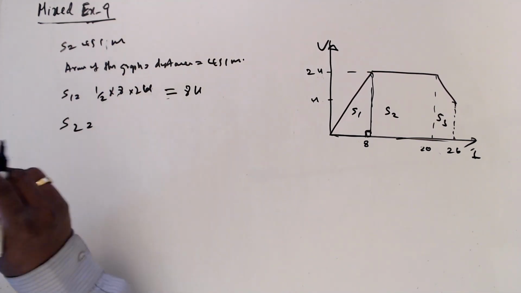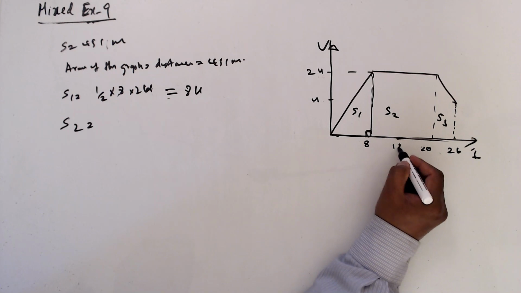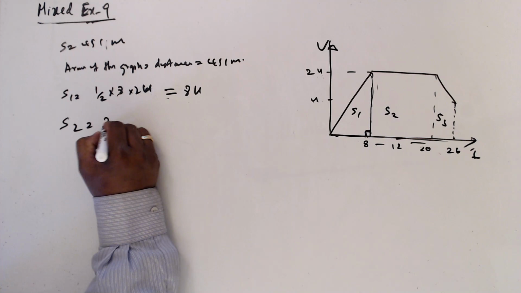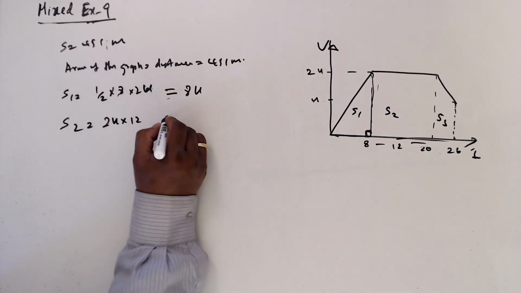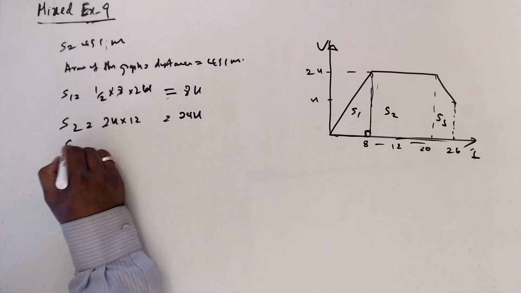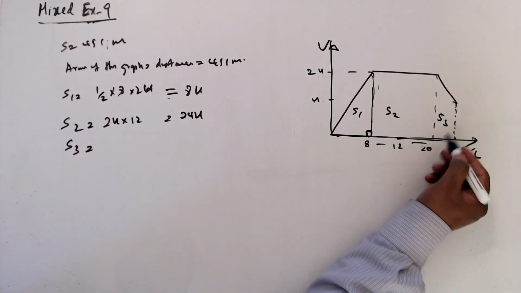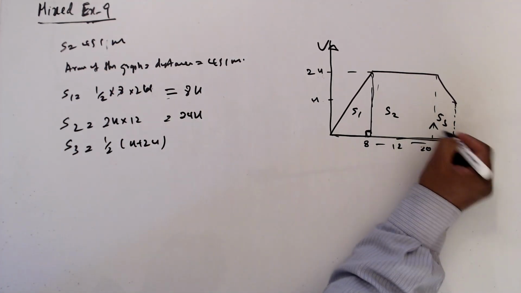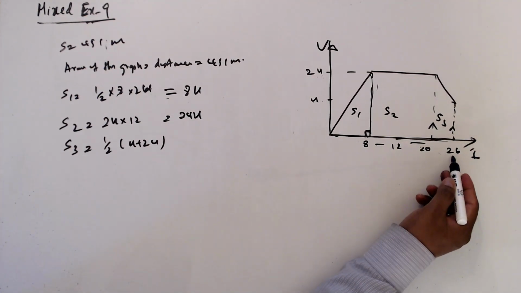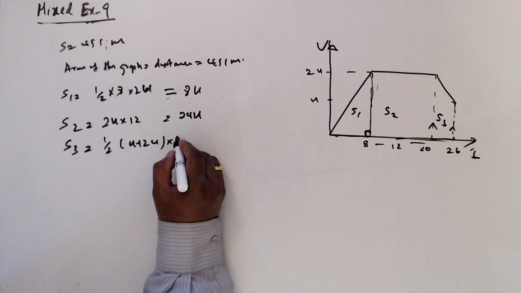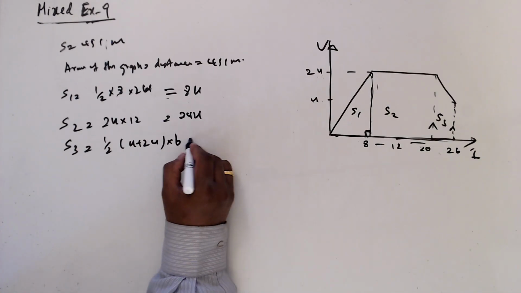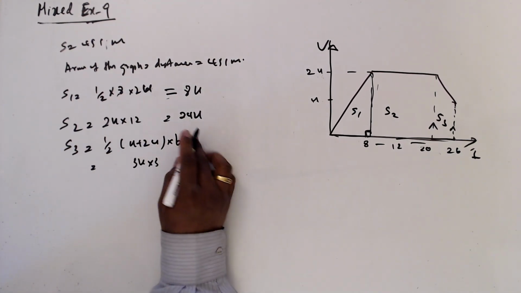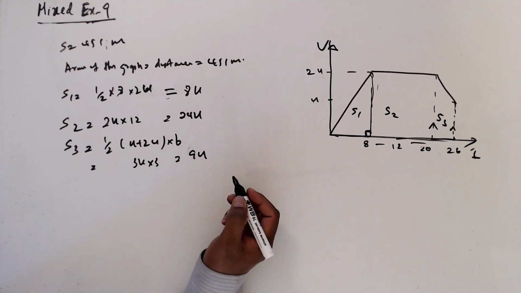And S2: this distance is 12 and this height is 2u. So 2u times 12, that is 24u. And S3 is a trapezium, that is half times (u plus 2u), those are the two parallel sides, times the perpendicular distance 26 minus 6, 3 here. It means this is going to be 3u times 3, that is 9u.